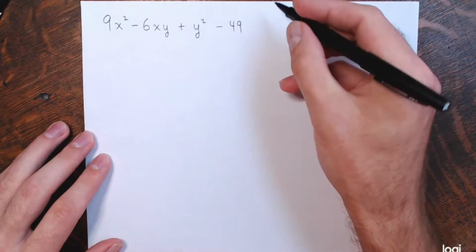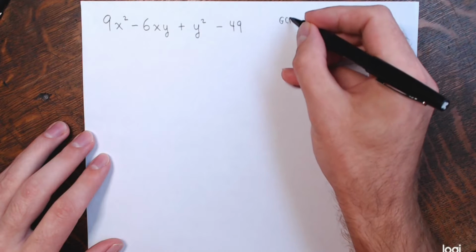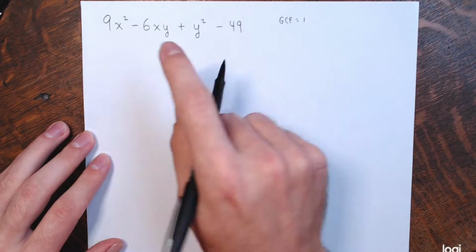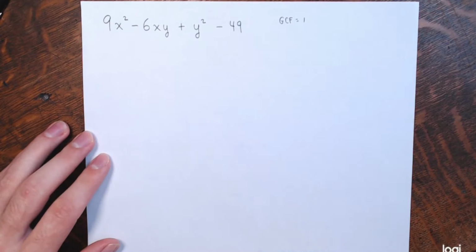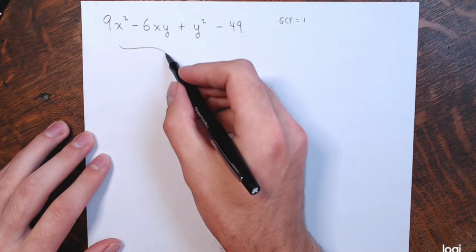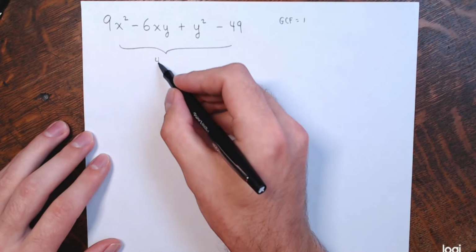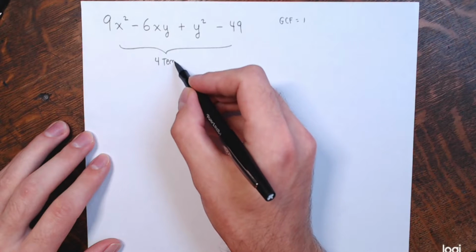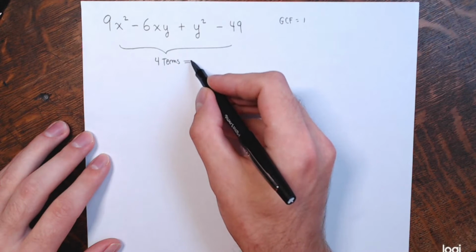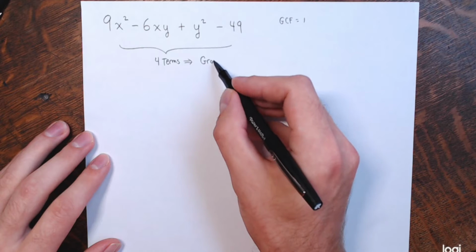Well, if I look at all 4 of these terms, there's nothing but 1 that goes into all of these. There's no other common factor. Now I notice that this has 4 terms. That's more than 3 terms. So we're going to do factoring by grouping.